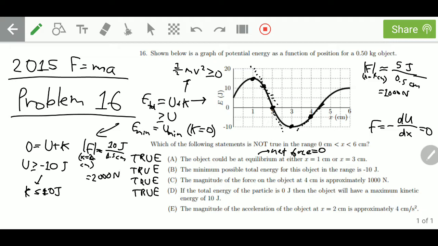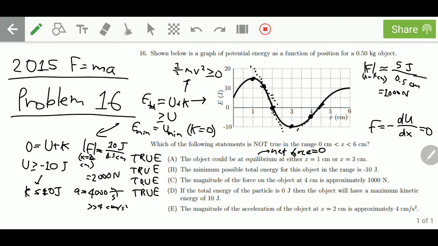We know that the object has a mass of 0.5 kilograms, and so the acceleration is equal to this force divided by 0.5 kilograms. So it'll actually be 4,000 meters per second squared, which is way, way higher than 4 centimeters per second squared.